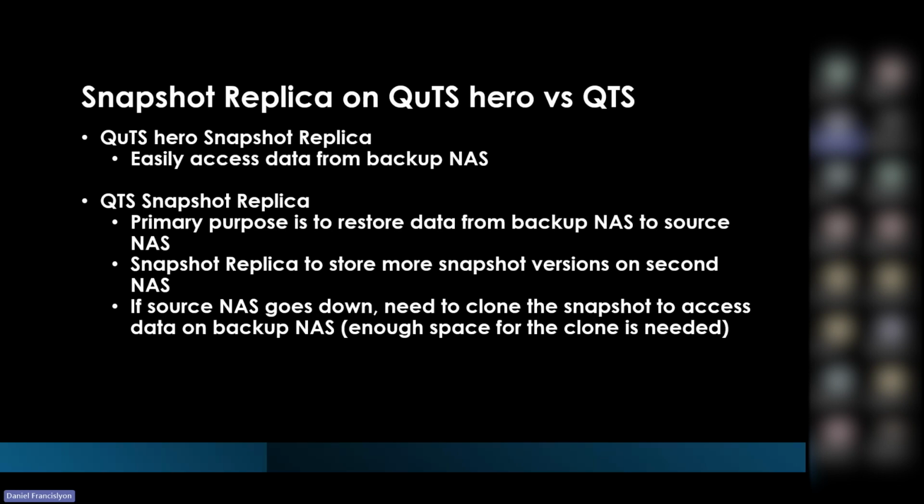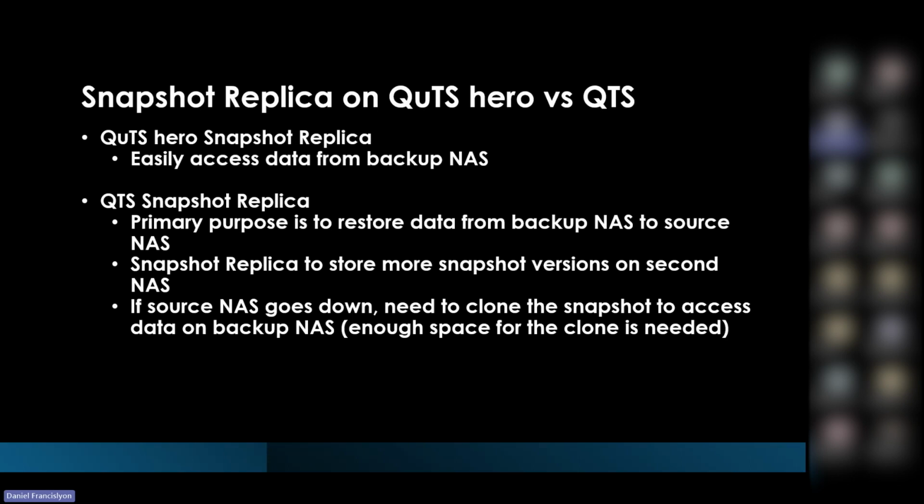But for QTS, Snapshot Replica works a little bit differently, and it has really a different purpose. The primary purpose of Snapshot Replica for QTS is to restore the data to the original NAS. So you Snapshot Replica to NAS B, and you use the replica on NAS B to restore it to NAS A. On QTS, you can only do 256 snapshots per volume.